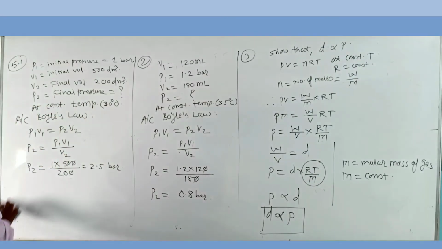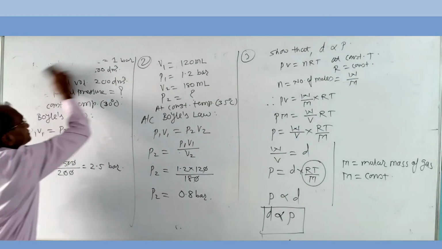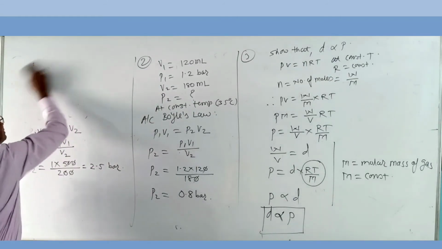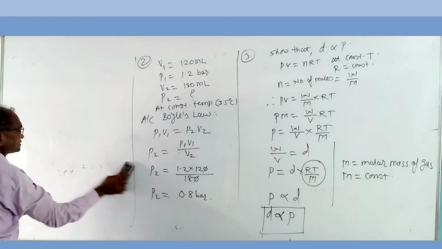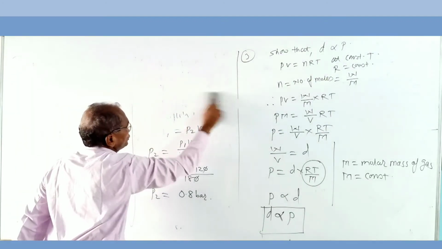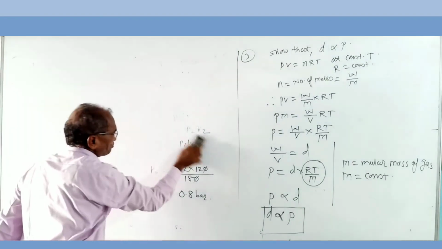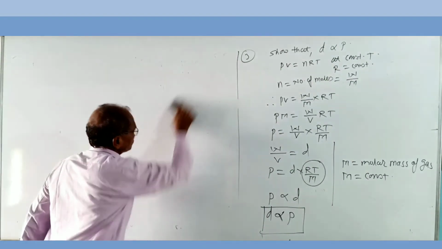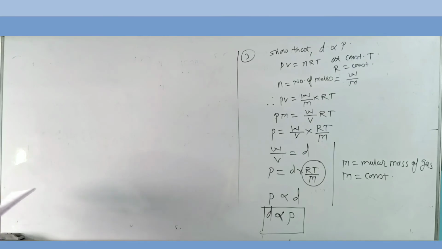Then, fourth problem. Numerical number 4. At 0 degrees Celsius, the density of a certain oxide of gas at 2 bar is the same as that of dinitrogen at 5 bar.